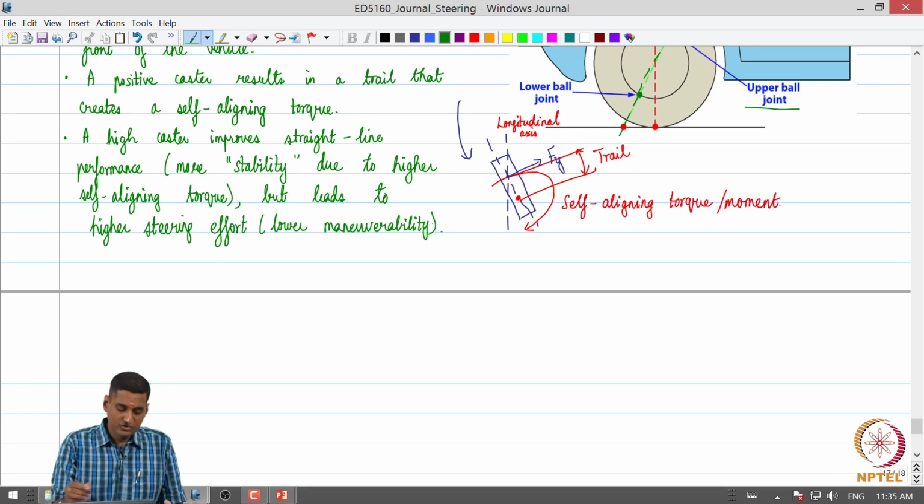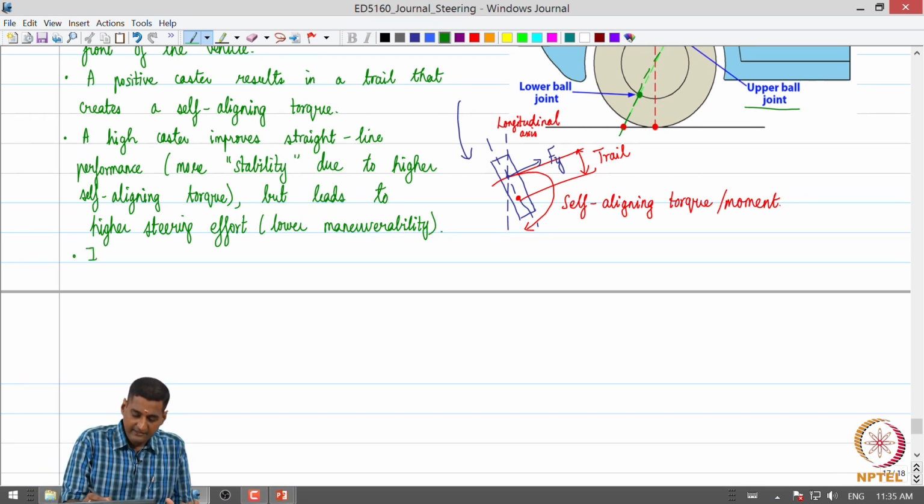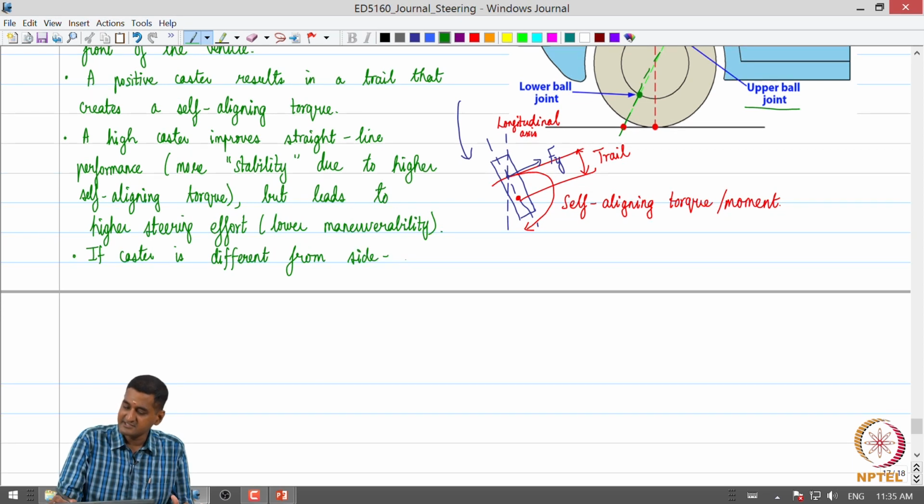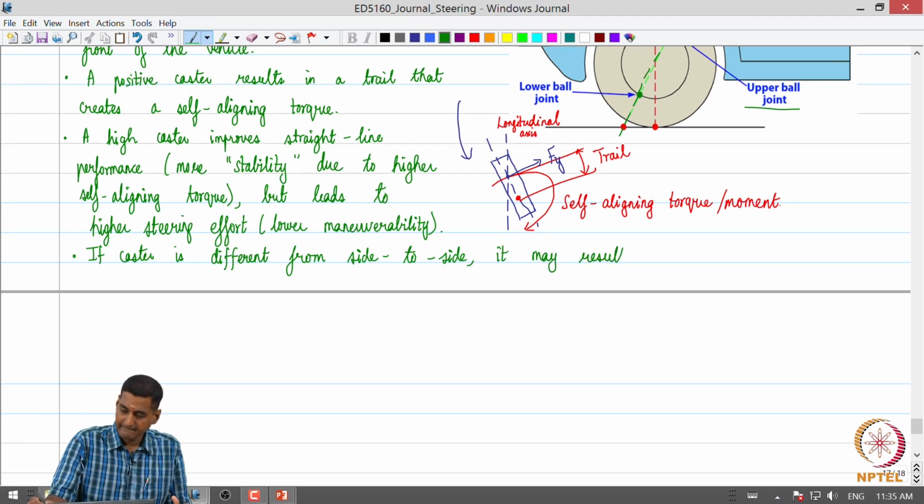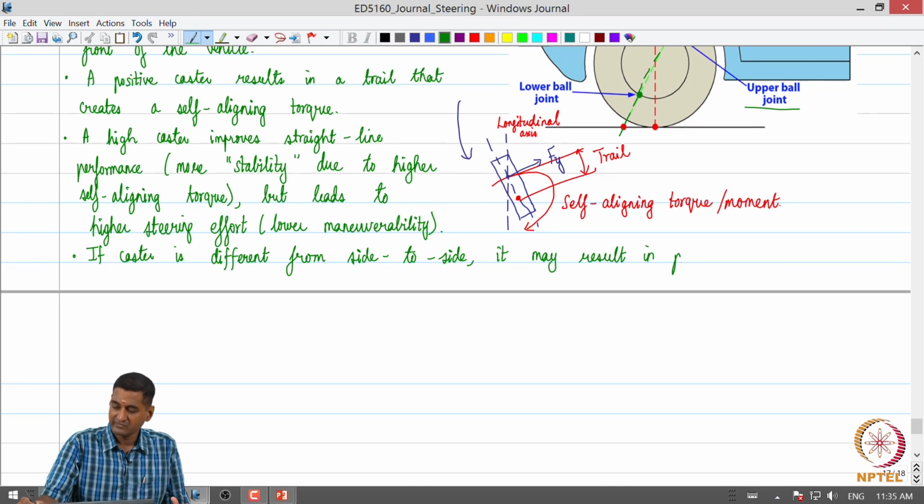And if caster is different from side to side, that is between the left and the right sides, it may result in pulling. So, that is the impact of caster.